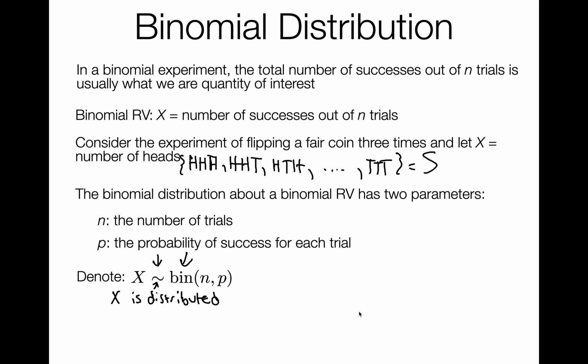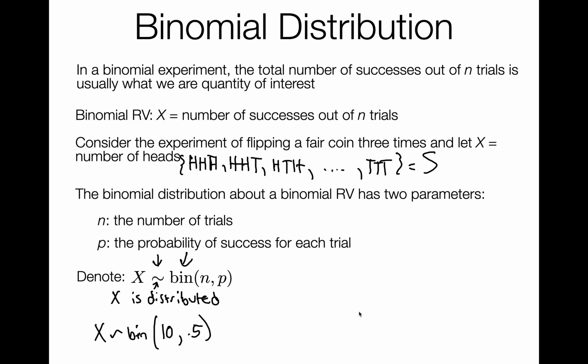So, for example, if I wrote x tilde binomial 10, 0.5, that would mean that x is a random variable that has a binomial distribution where there are 10 trials, and the probability of success for each trial is 0.5 or 1/2.